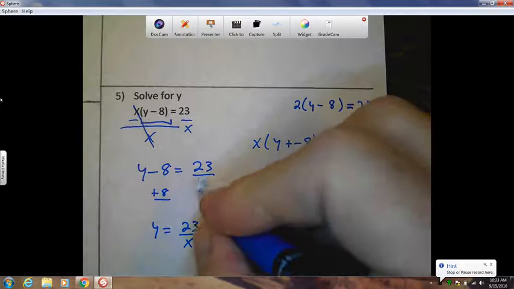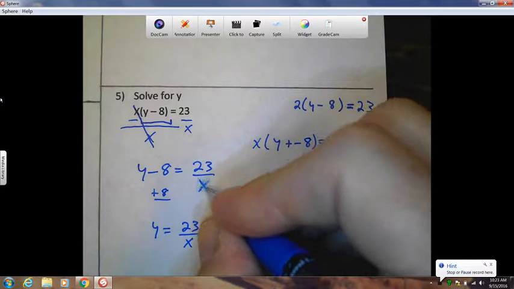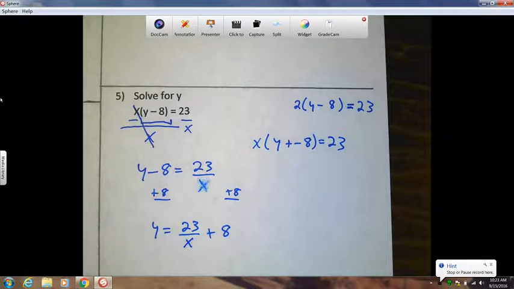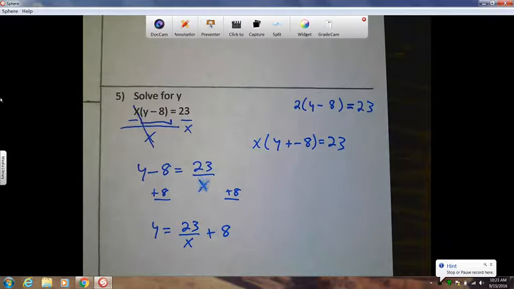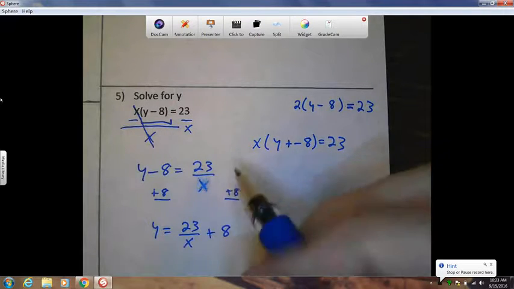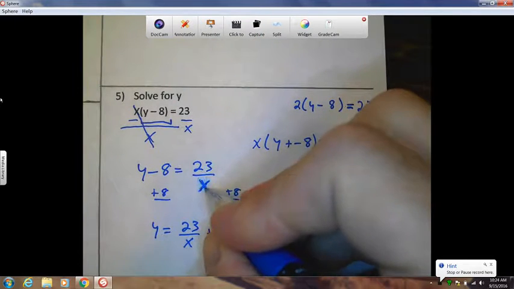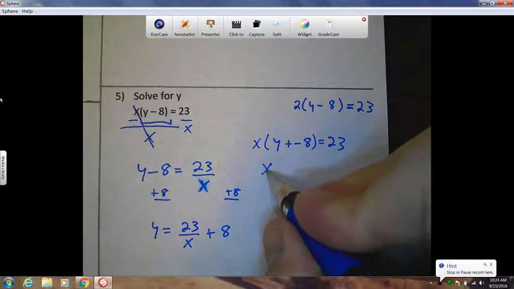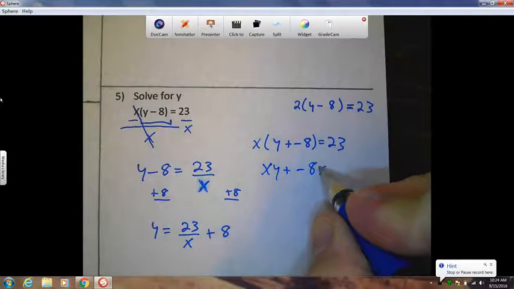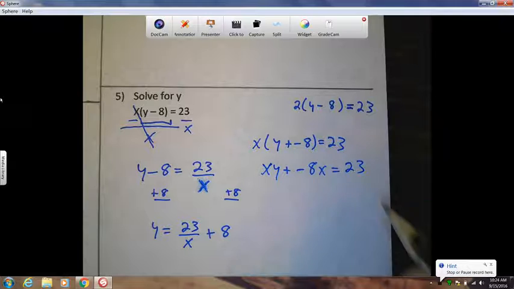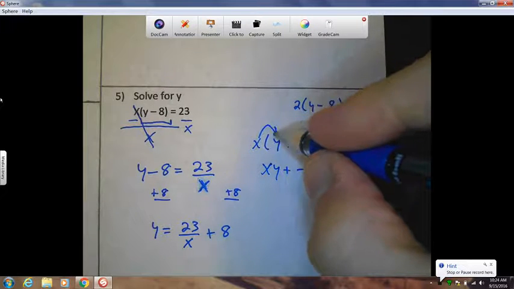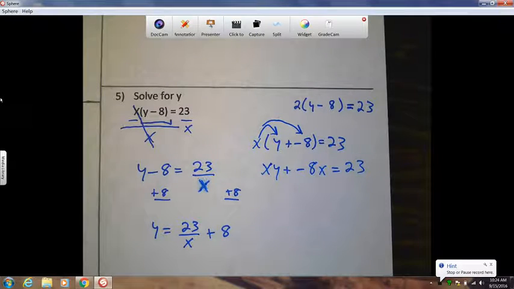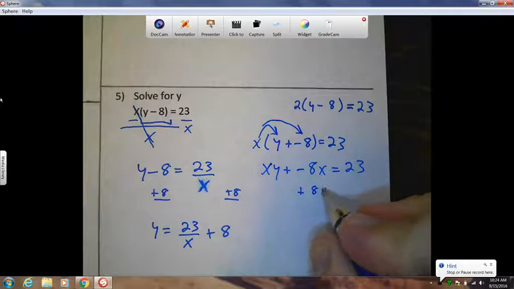So you can divide before you do distributive property, because as long as you're dividing both sides, it's okay. Now a lot of people don't recognize that, so they end up doing distributive property, and I'm going to show you that on the next one. Here I do distributive property, xy plus negative 8x equal to 23. So I just multiplied everything by that 8x. Then I need to add 8x to both sides. xy is equal to 23 plus 8x.